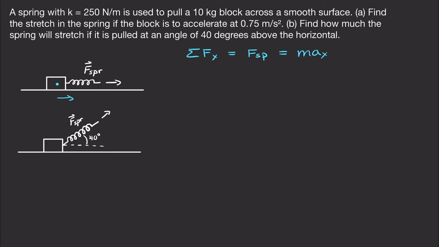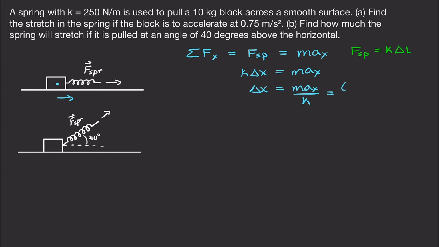So now we use Hooke's law to replace our spring force with K delta L. In this case, I'm going to write it as K delta X, since it's being stretched in the x direction, and set that equal to max. And then to find how much it's stretched, we just solve for delta x, which is going to be mass times acceleration over the spring constant.